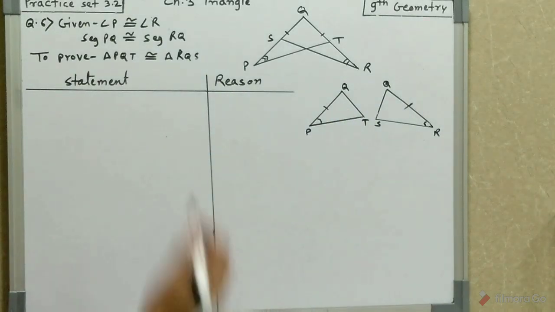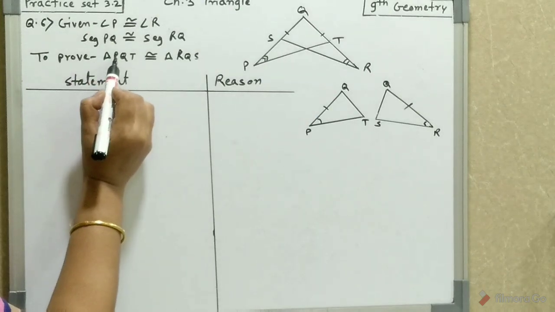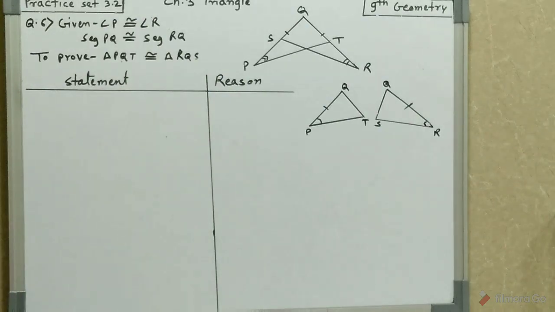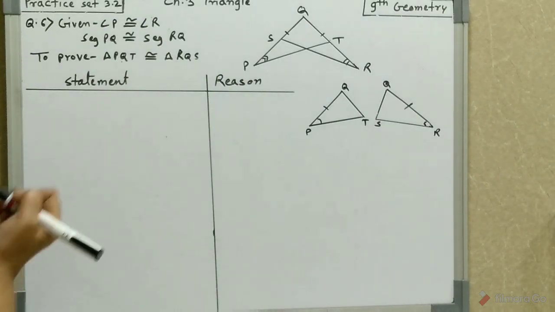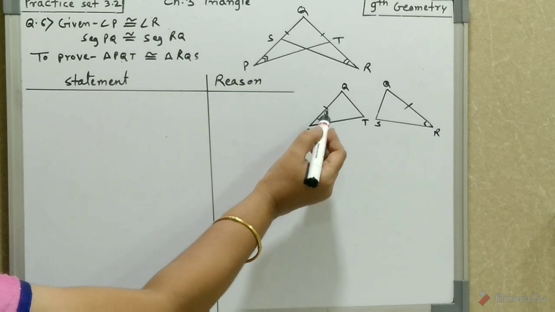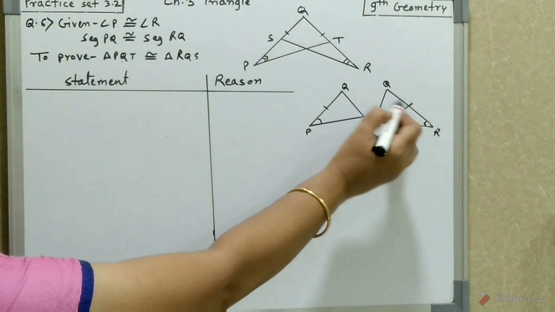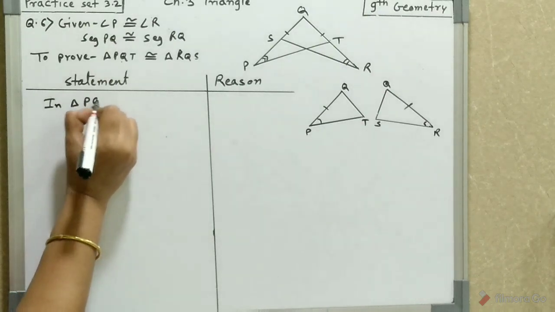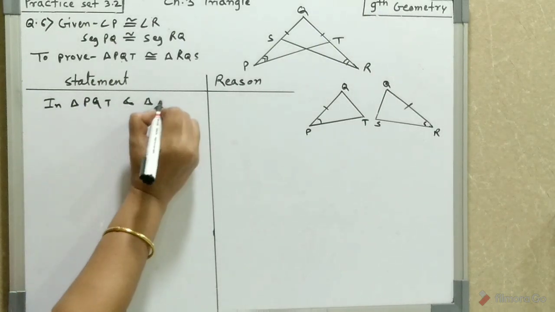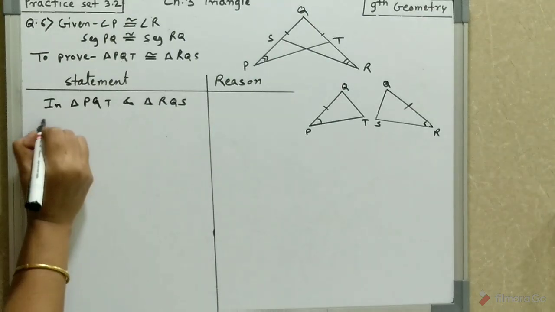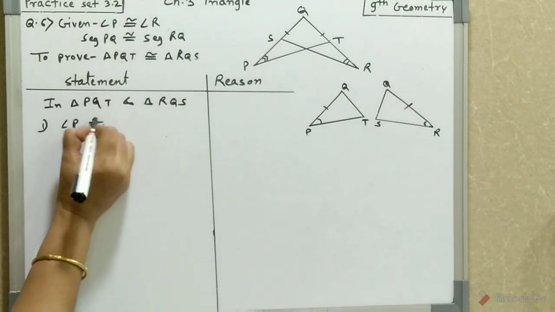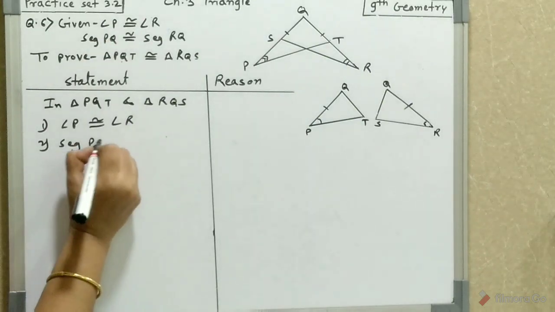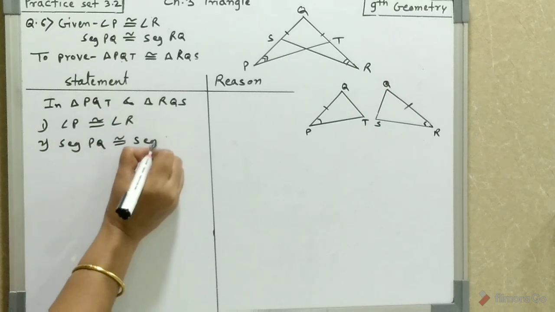What is the next one? See in this proof, in PQT and RQS, angle Q is common. So this is our third pair. So which test do we follow? ASA. Here also ASA test. So I write, in triangle PQT and triangle RQS, what is the first? Angle P congruent to angle R. And second, segment PQ congruent to segment RQ.